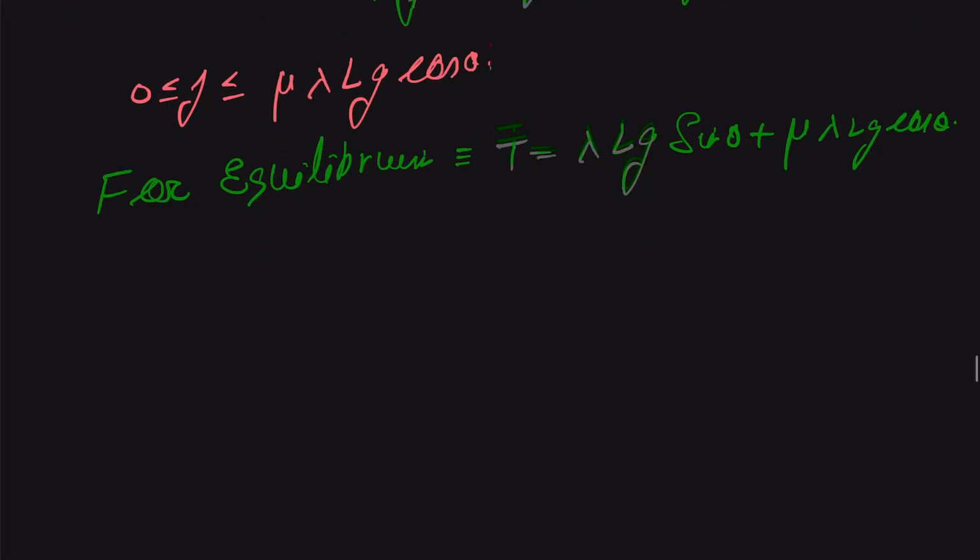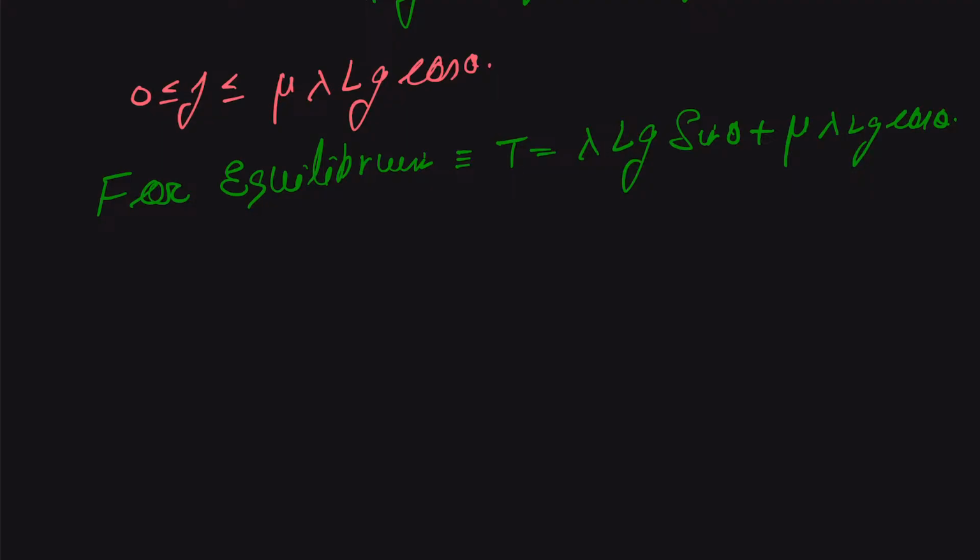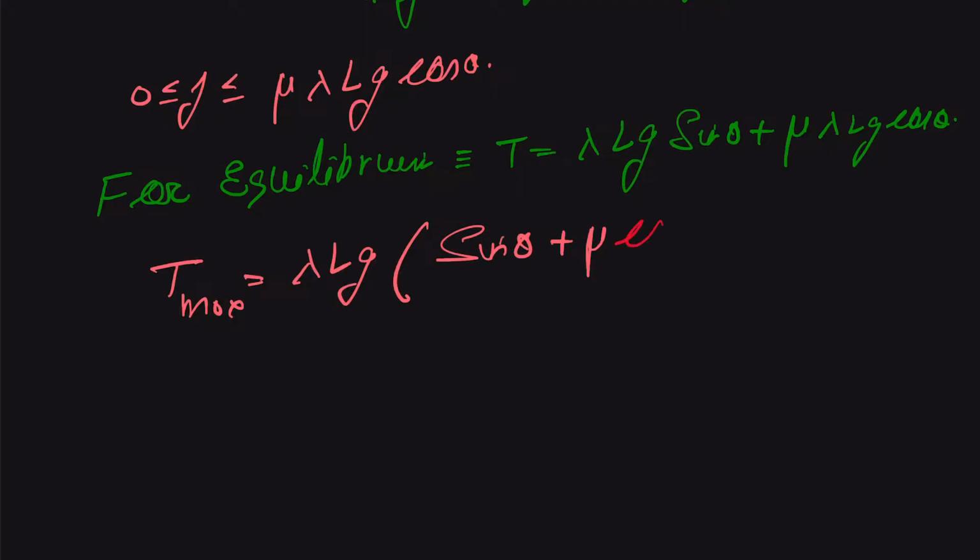And this is nothing but our maximum possible value of the tension. So T max, taking lambda L G as common, is lambda L G times sine of theta plus mu cos of theta.